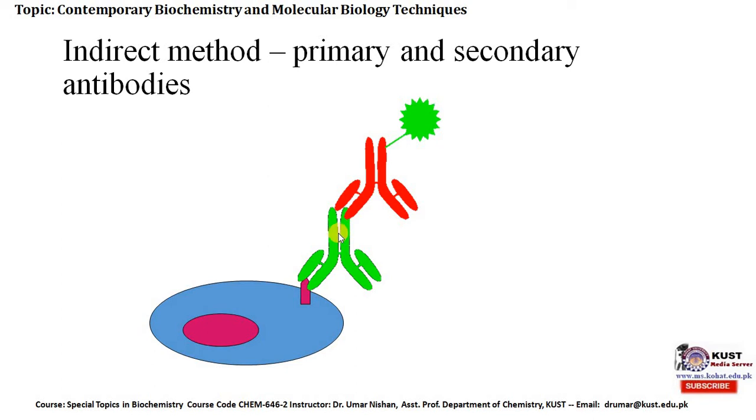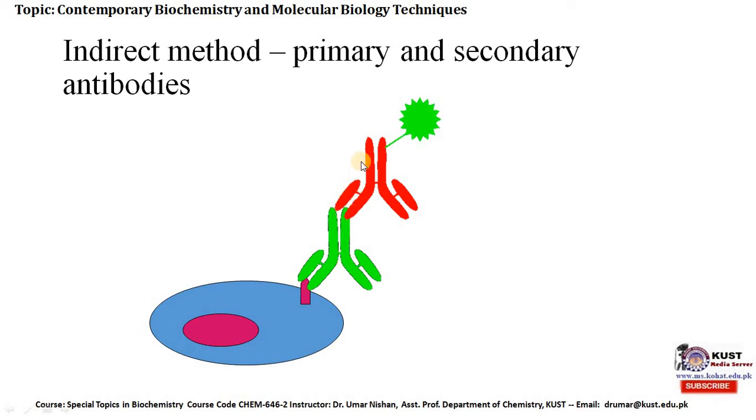As I told you, when we conduct the immunohistochemistry experiment, we wash these sections multiple times, and if the antigen is not present, the primary antibody will be washed away. But when the antigen is present, the primary antibody reacts with the antigen, and even if we wash the sections several times, the primary antibody will not be washed away.